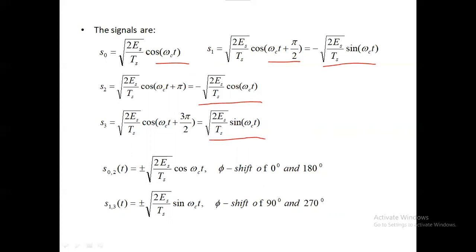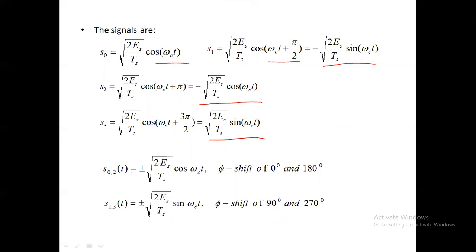So we have two in-phase components, plus cosine omega ct, and minus cosine omega ct represented by phase pi, and minus sine omega ct represented by pi by 2, and 3 pi by 2 is plus sine omega ct.